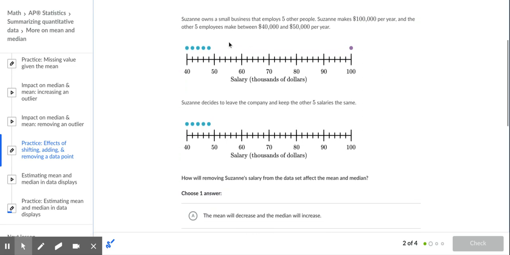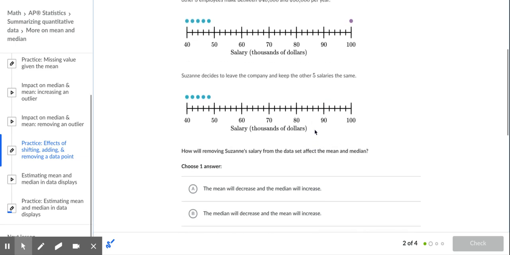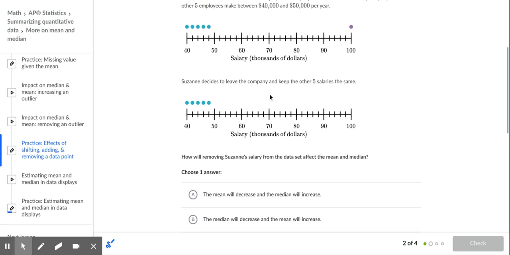So these are her 5 employees, and this is Suzanne. Suzanne decides to leave the company and keep the other 5 salaries the same. So this is basically the same graph, but without the outlier. What would that do to the mean and the median?